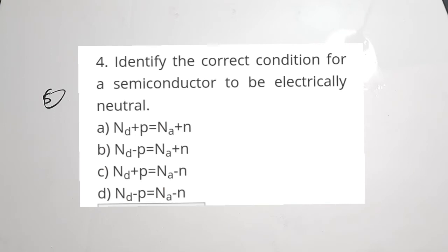Identify the correct condition for a semiconductor to be electrically neutral. So we are going to talk about the electrical neutrality of a semiconductor, and the various options given are actually combinations of the donor concentration and the number of electrons and holes created. So I'll directly write the condition.